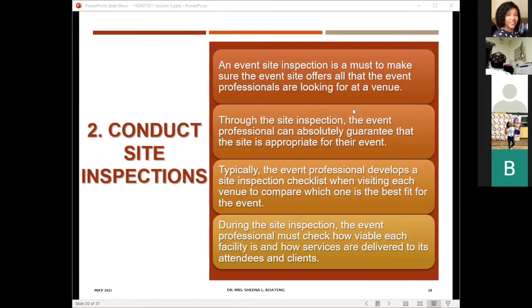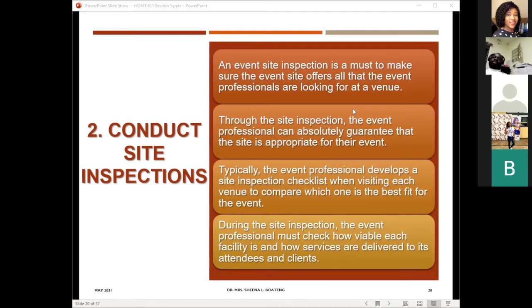So site inspection is exactly what it is. You have to physically go to each of the sites, sometimes with one or two members of the project team or the event planning team, to look at the sites and verify everything for yourself physically.